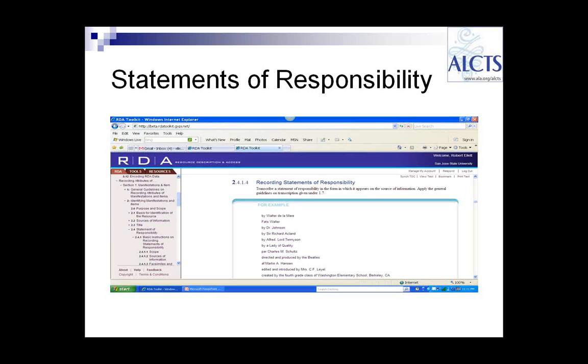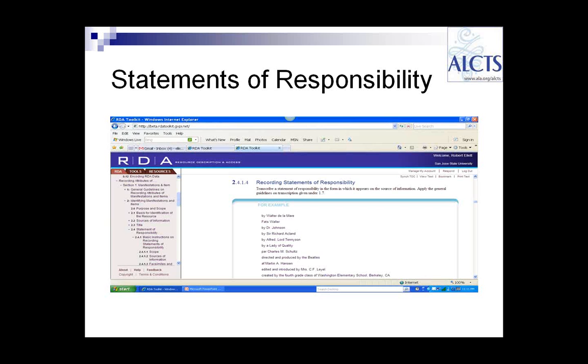In RDA, the statement of responsibility is a statement relating to the identification and/or function of persons, families, or corporate bodies responsible for the creation of and contributing to the realization of the intellectual or artistic content of a resource. A statement of responsibility may include words or phrases that are neither names nor linking words, such as by.